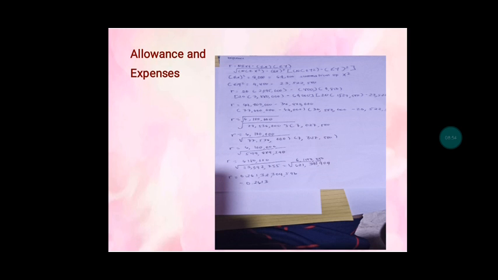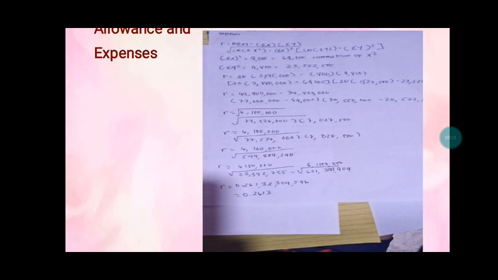So 20 times 3,880,000 is 77,600,000 minus 64,000,000 is equal to 13,600,000. And then the next is sa R, summation XY minus summation of X and summation of Y. Gagawin natin dito is 44,900,000 minus 38,800,000 is equal to 6,100,000.